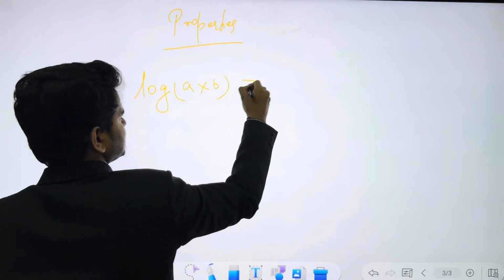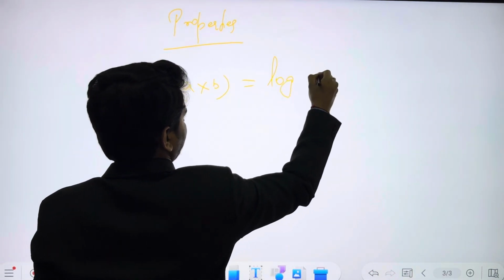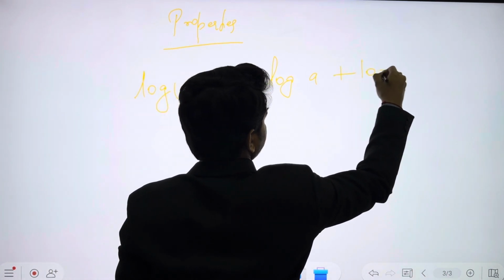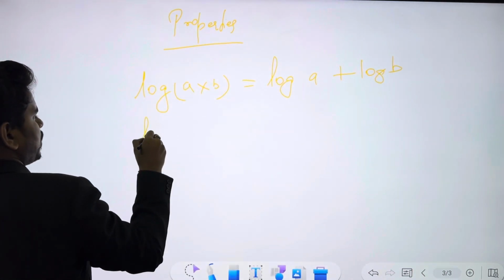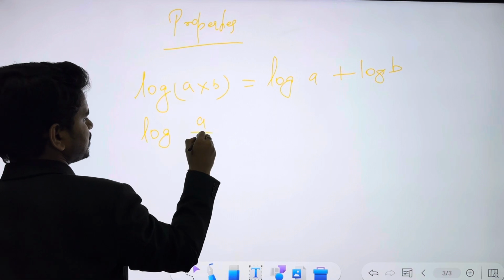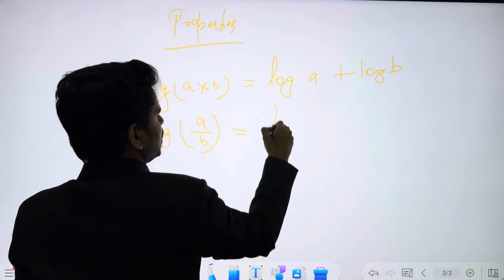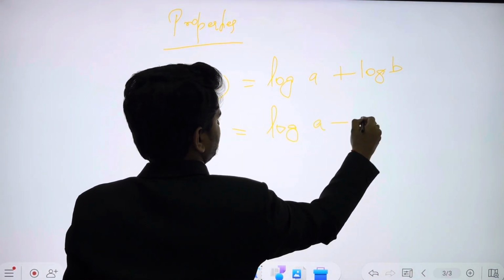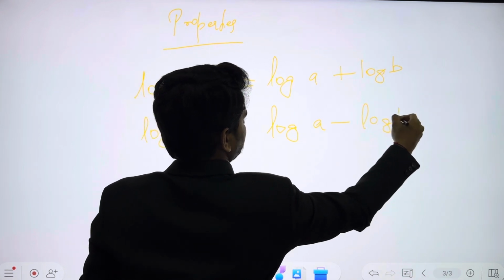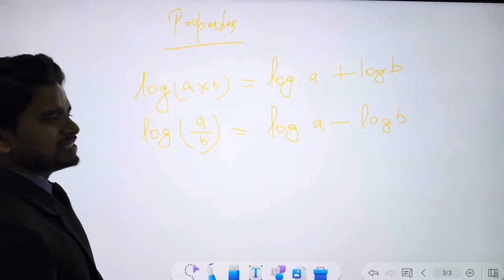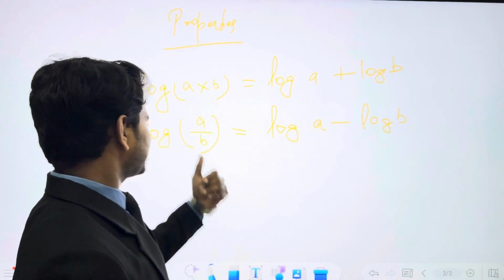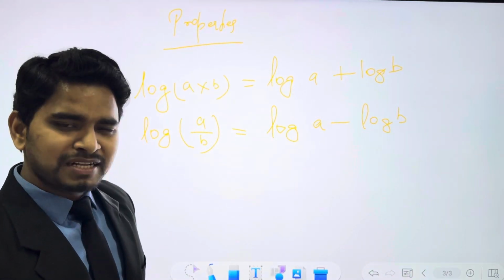This can be written as log a plus log b. You can have log a by b, and this can be written as log a minus log b. Somehow these two properties are similar only. a by b is basically a into b to the power minus 1, and this can be written as log a minus log b.